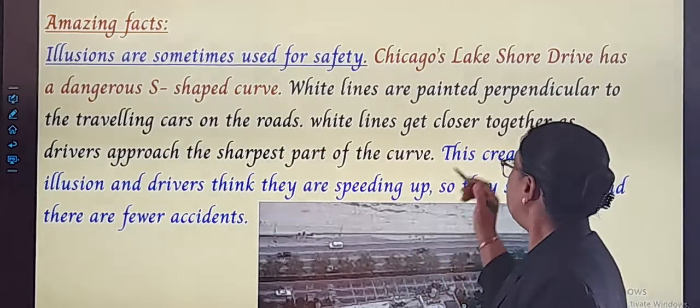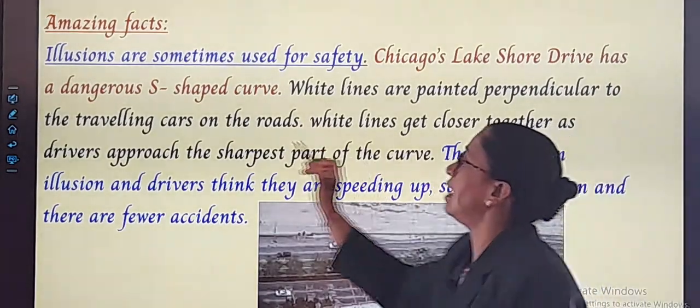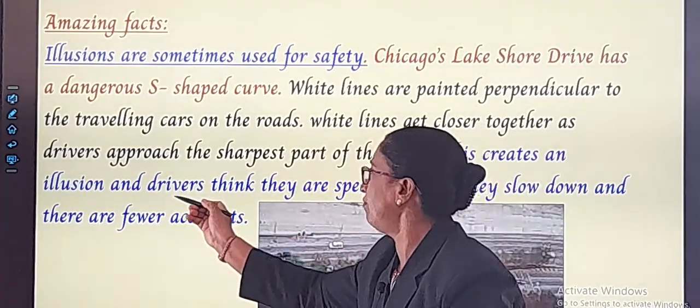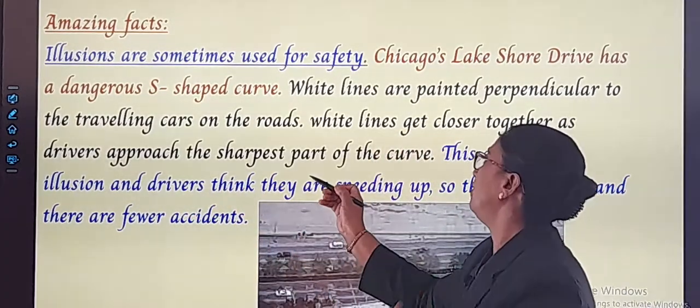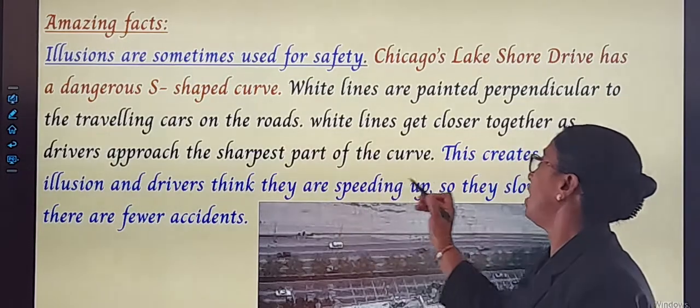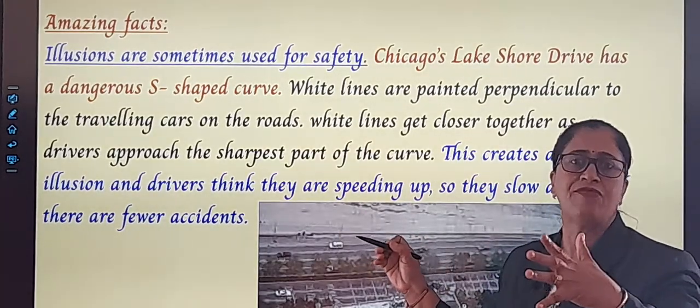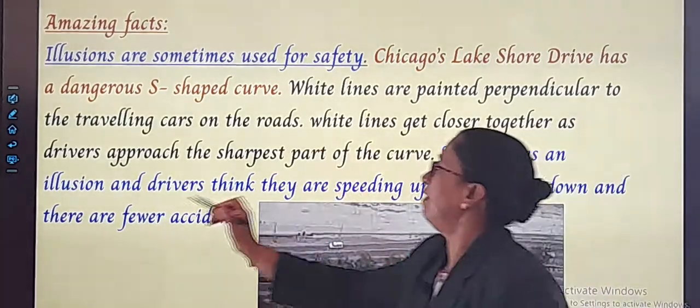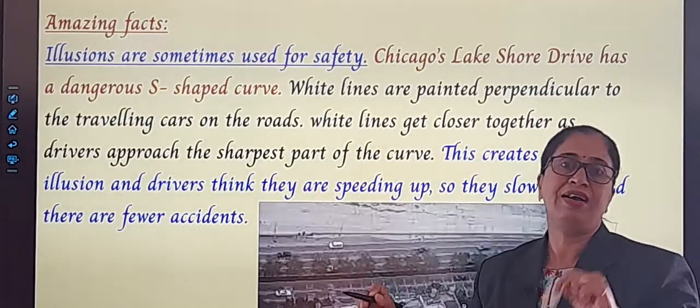This creates an illusion. It gives a false impression to the driver and he starts thinking that they are speeding up, they are driving very fast. So, they tend to slow down, and there are fewer accidents.